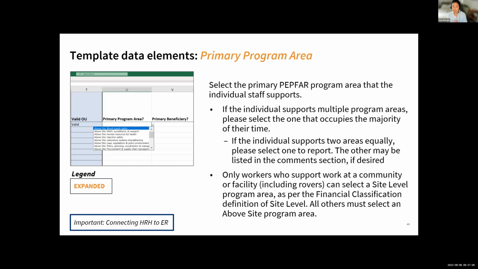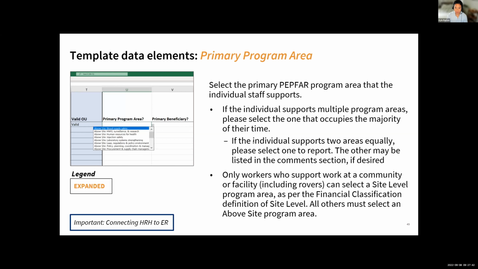By that, what we mean is you would want to select the program area that that staff member mainly supports or spends the most time in. So if an individual supports two areas, but spends the majority of their time, for example three quarters or 75% of their time, in one area, then you will want to select that primary program area for that individual staff.